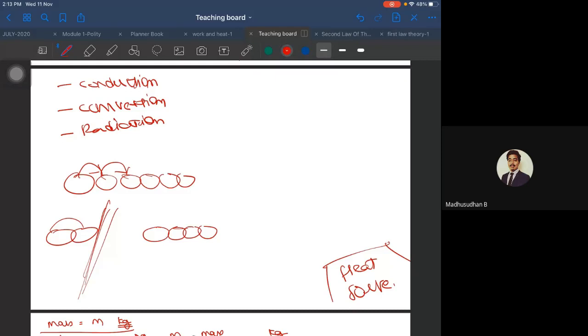Okay, I will try to explain the convection process and give you the comparison between the convection and the conduction with this particular example here.